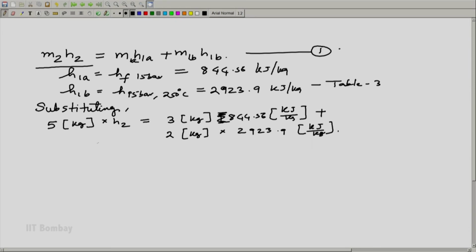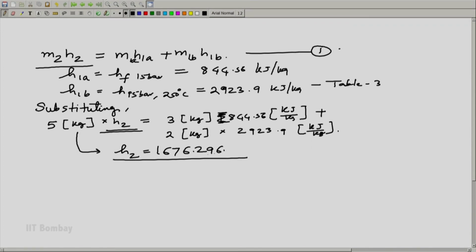From here, if I calculate the value of H2, that is the state 2, because what I am going to get from here is enthalpy at state 2, which is also maintained at 15 bar. So, I get H2 is equal to 1676.296. Because the process is at constant pressure at 15 bar, I get this value.